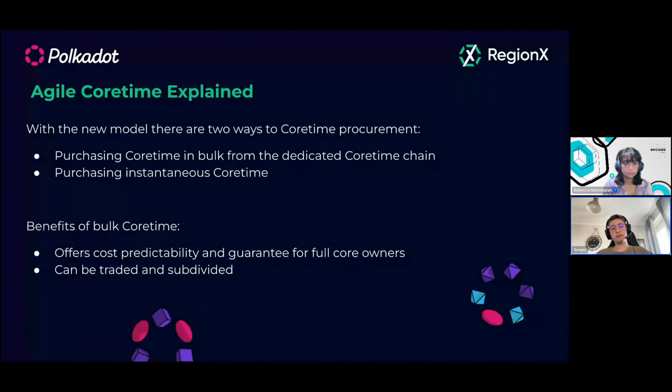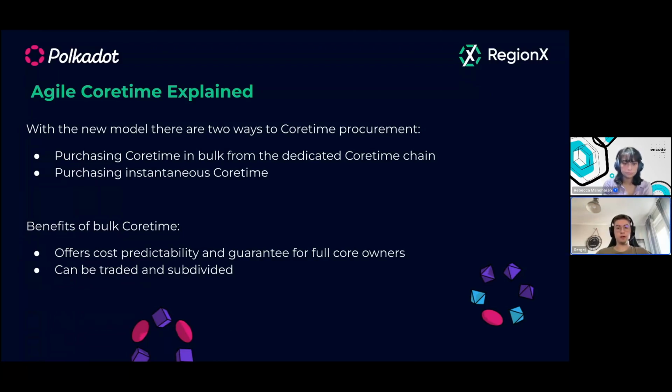It essentially provides two ways for Coretime procurement. One of them is purchasing Coretime in bulk from the dedicated Coretime chain. There is essentially a sale happening every month where parachains can bid on winning a core.